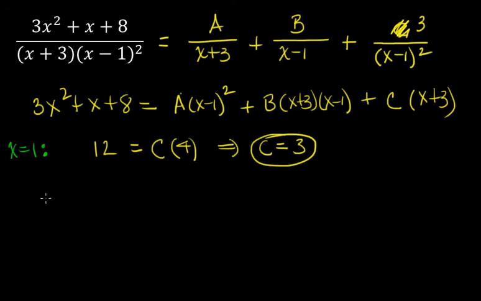Well, what else could we let x be? Let's let x be minus 3. If x is equal to minus 3, then plugging in minus 3, I have 3 times 3 is 9 times 3 is 27, plus 3 plus 8 is plus 11, is equal to, x is negative 3, so it's going to be a times negative 3 minus 1 is negative 4 squared is 16, plus negative 3, this will all be gone, it will be 0, and so will this.